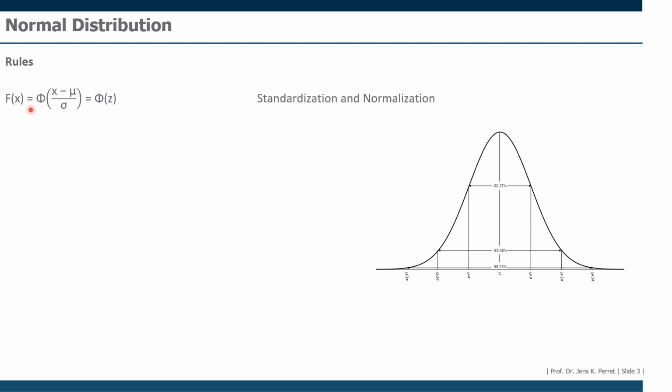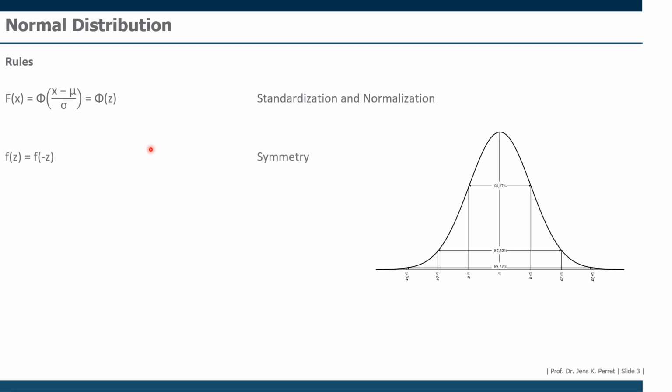We also know the distribution function we want to use here is the distribution function of the standard normal distribution, which is this large phi here. To get any value here, we first have to standardize it. So that's actually what we're going to do. We standardize the values, and then we're going to insert them in the distribution function of the standard normal distribution, into this big phi. This big phi is actually the table I introduced on the slide before.